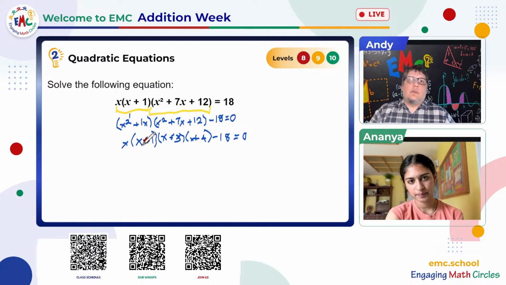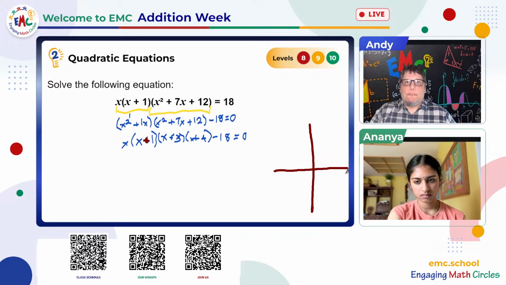When I have always positive factors on a graph, what would that kind of look like? It's like always going that way. Where would the roots be if I didn't have this 18? The roots would be here, here.